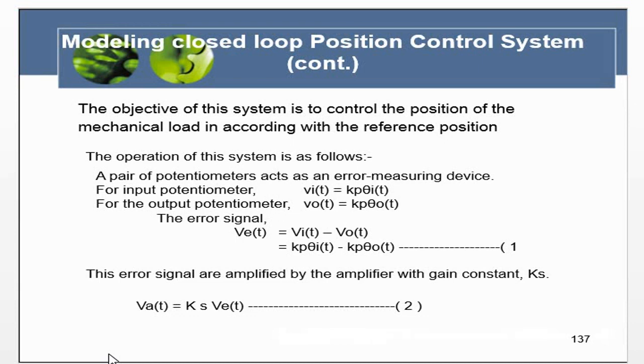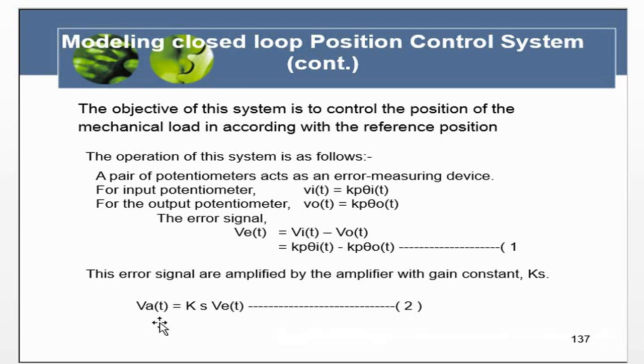This error signal is amplified by the amplifier gain constant K_s, and then we get that V_AT is equal to K_s P_ET.